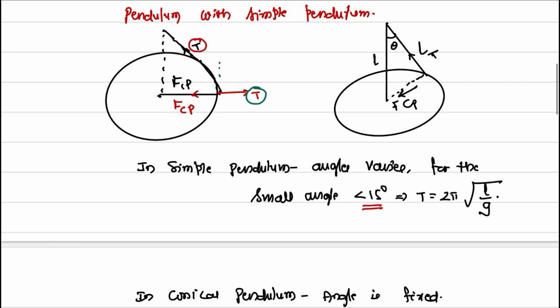The vertical component will not have any effect on this motion, because there is no vertical acceleration. This object is not moving in the vertical direction, it is only moving in the horizontal circular direction. Hence, we will consider horizontal motion. That horizontal component of tension in the string is countered by the centripetal force.